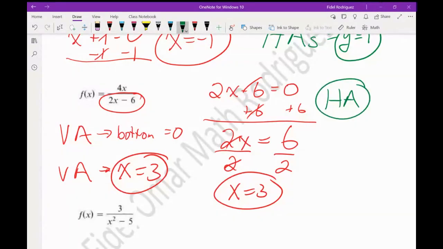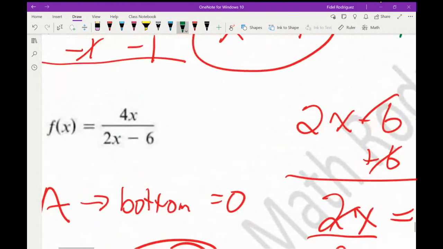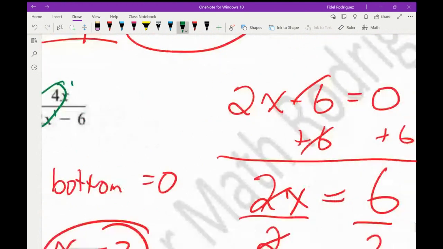So the horizontal asymptotes, remember what we said we're going to do? We're going to look at the degree of the top and the degree of the bottom. What I mean by that is I'm going to look at the exponent here and the exponent here. And because they're the same, they don't necessarily have to be 1, but as long as they're the same, so as long as they're both 2s or they're both 3s or whatever, then we're going to take the fraction of these numbers.